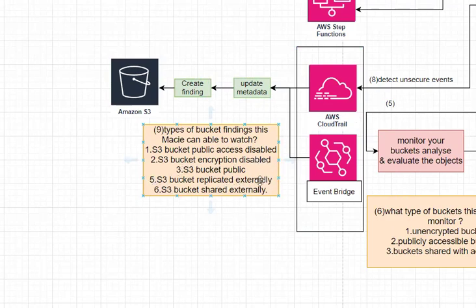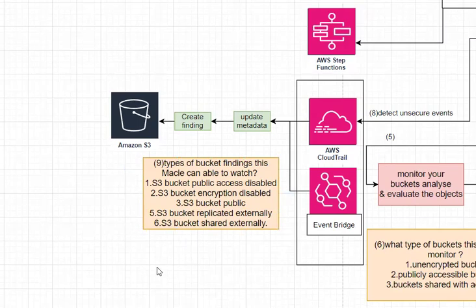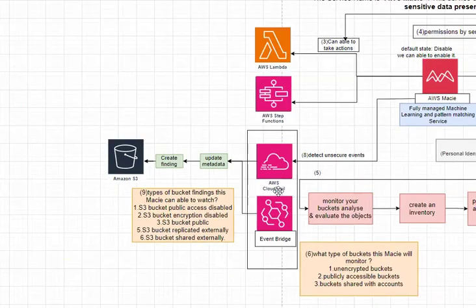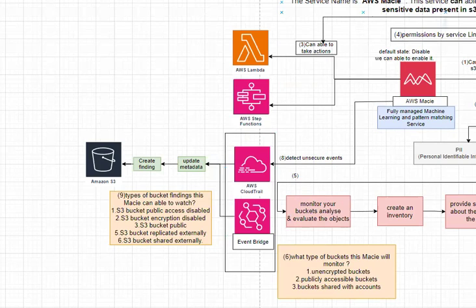S3 bucket replicated externally: if we replicate our S3 bucket externally to others, it will create a finding. And finally, it creates a finding whenever we share our S3 bucket externally. So these are the cases where it creates findings.